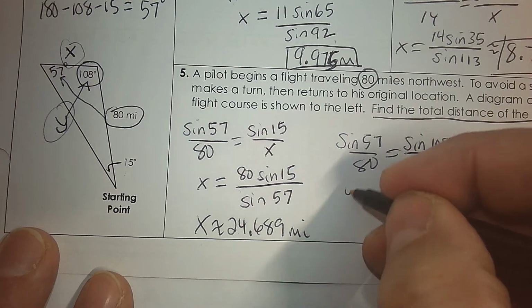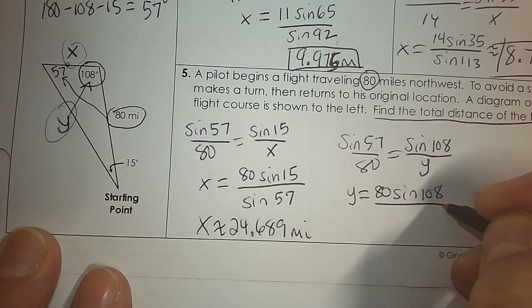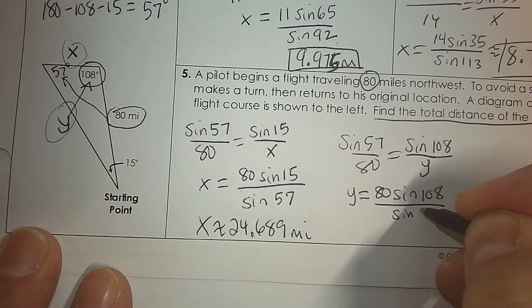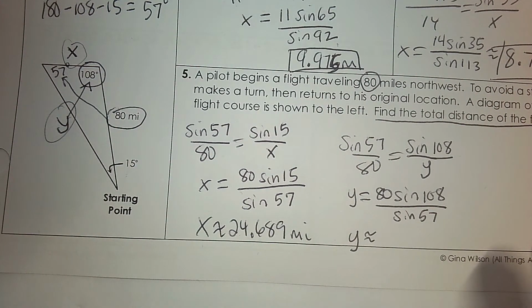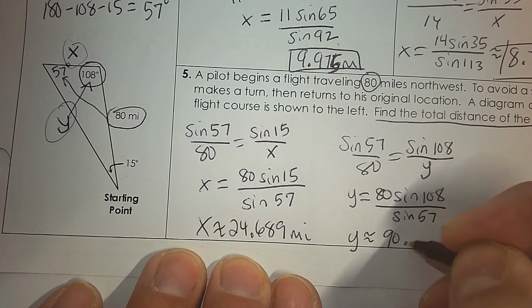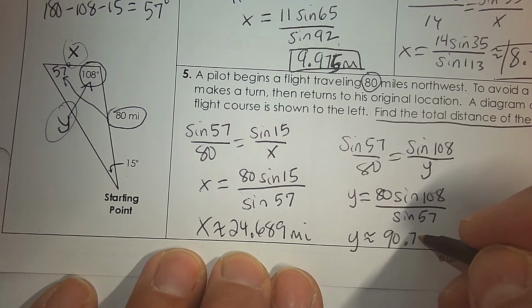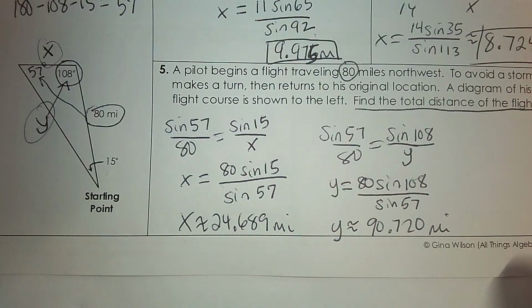So to get y by itself, 80 times sine 108 divided by sine 57. So I get about 90.720 miles.